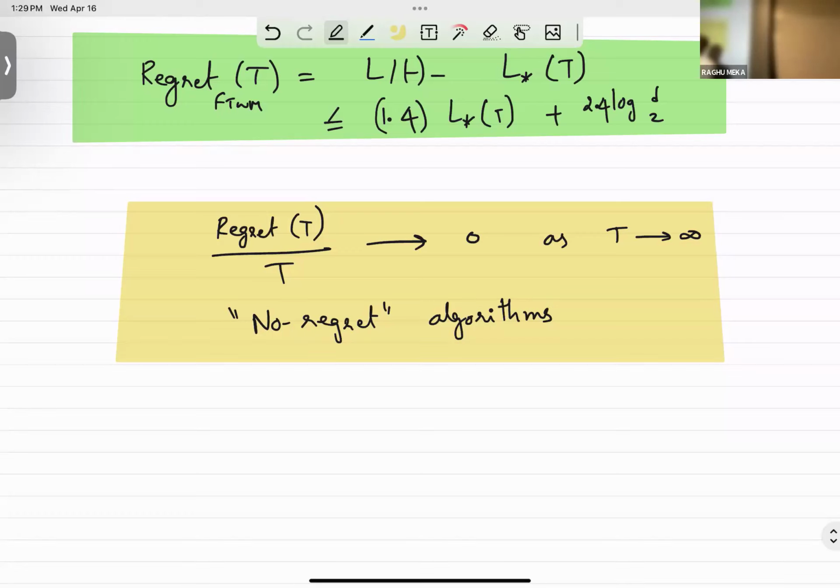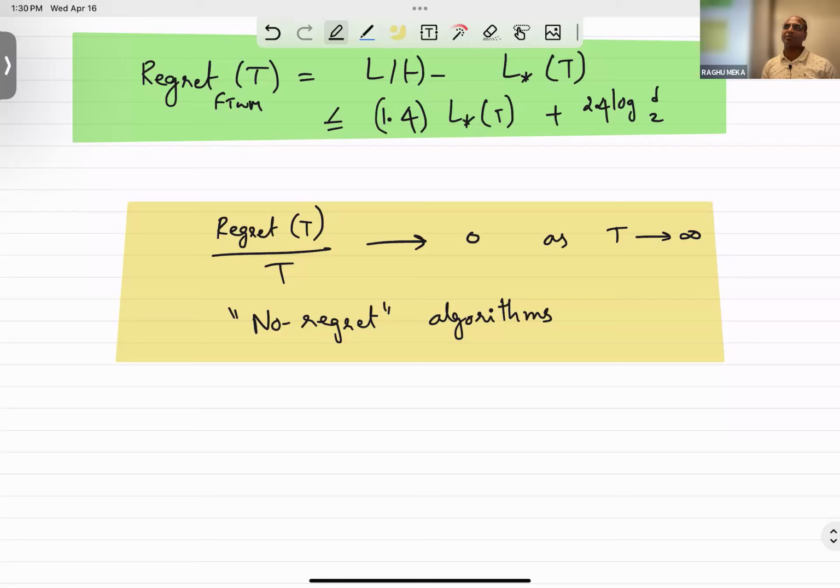No matter if I play 1,000 times, 1,000,000 times, on average, I'm still incurring a non-trivial loss from the expert. Okay? So no regret would be very good, because it's saying that as time goes on, I am actually converging to the best expert's performance in the limit. Okay? Any questions about this?